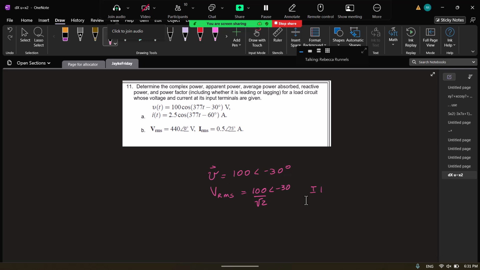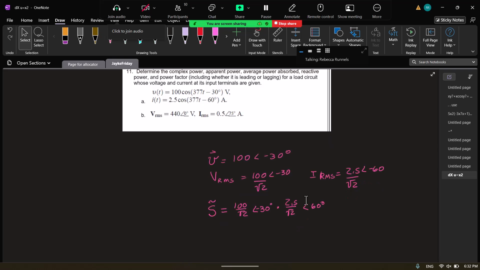And IRMS would be 2.5 angle negative 60 divided by the square root of 2. And so our apparent power is going to be 100 over the square root of 2 angle negative 30 times the conjugate of the current, so that'd be 2.5 over the square root of 2 angle positive 60.